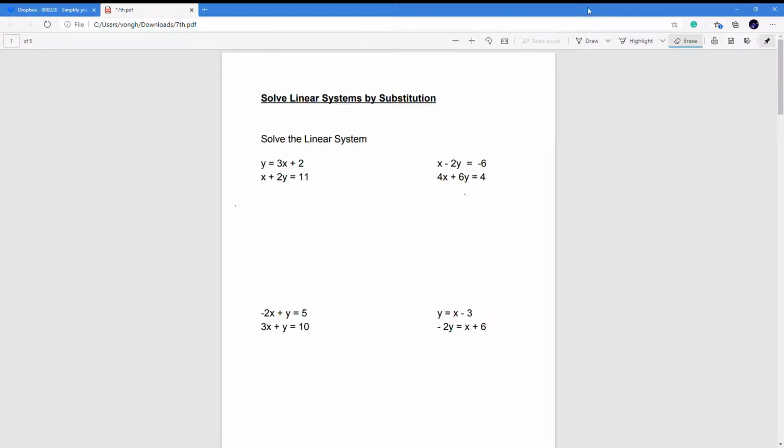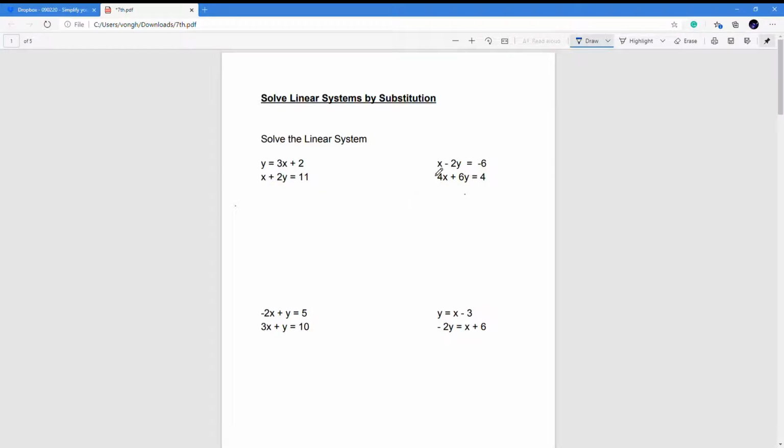But not in all situations will you just get a straight out value for a variable. Like in this problem right here, we have x minus 2y equals negative 6 and 4x plus 6y equals 4. But we can't get an equation like this. We just have to solve it out.